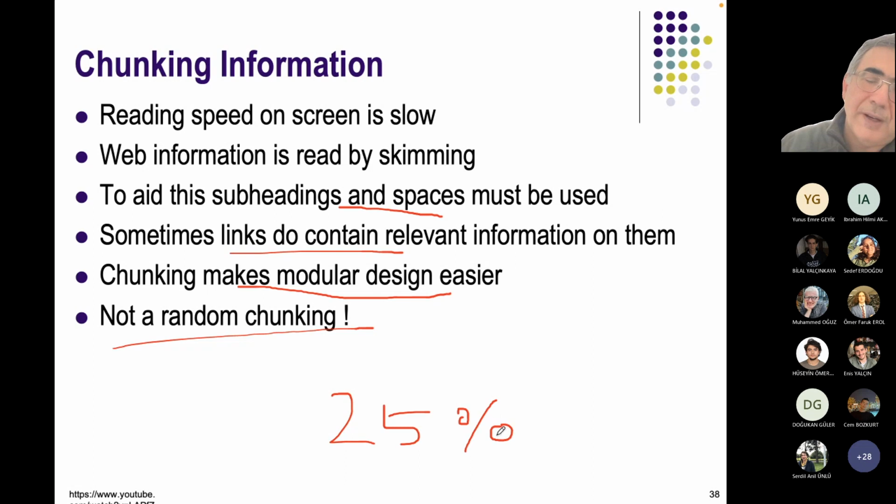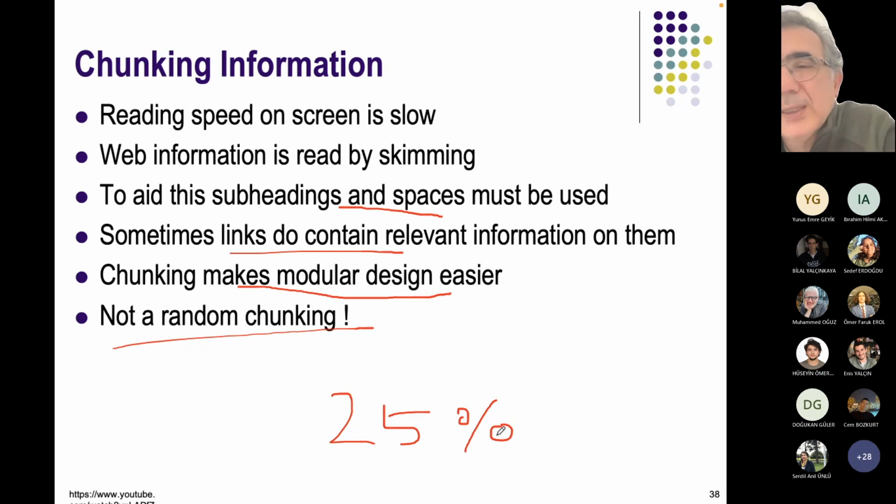Since we read 25% slower on the screen, based on the research by Shneiderman. It's an early research, but I think it's still valid. Therefore, you have to make it shorter, at least by 25%, to have the same reading time.